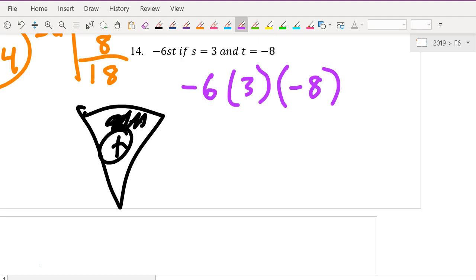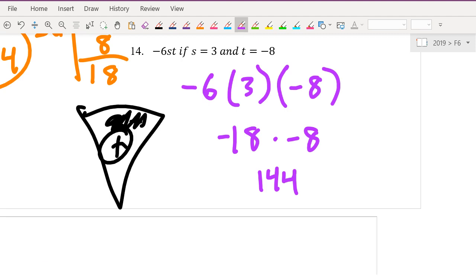Yeah. Then you would get negative 18 times negative 8. That's 80 plus 64, so that's 144. It's a negative times a negative, so that is positive.